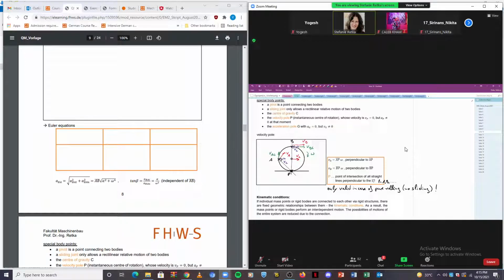But this approach only works when our object, our cylinder or our tire or whatever it is, performs pure rolling. That means that there is no sliding, no slipping between the cylinder and the surface. Because if it slides, then the velocity is not zero in the contact point between surface and object. Then it doesn't work because the velocity pole only exists as a point at which the velocity is zero in this instant of time.